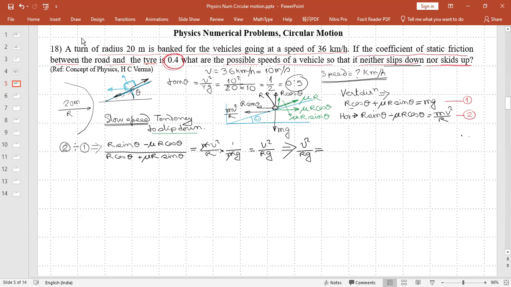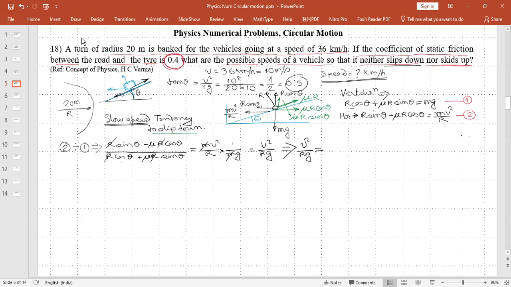V square by rg is equal to, you do one thing, you divide both numerator and the denominator by cos theta. Mind it, here all the r's got cancelled.